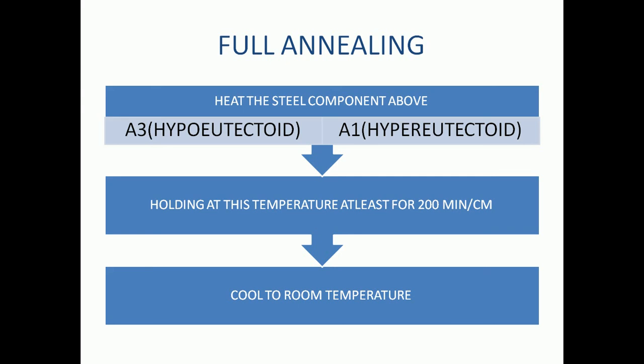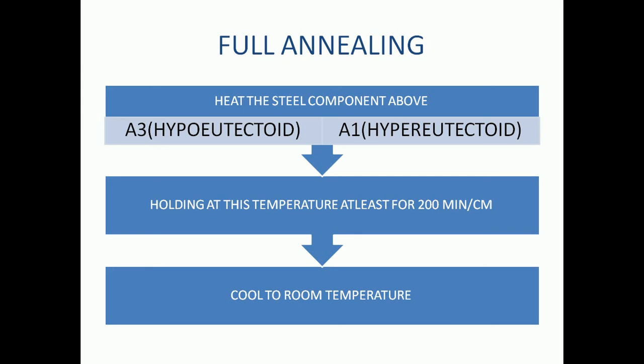It is from the carbide diagram. Now hold at this temperature for at least 200 minutes per centimeter. That means per cm we have to hold this for 200 minutes. If it is 2 centimeters, then we will hold this for 400 minutes, like that. Then cool it to room temperature.